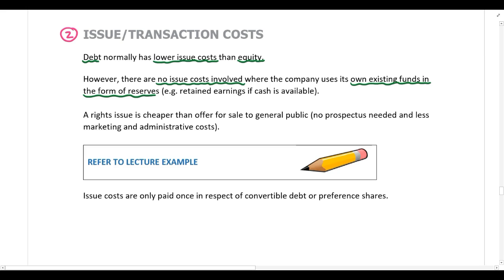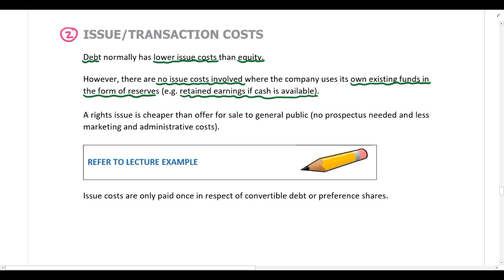So this would be applicable, for example, if we have a company, over the years they've had very significant profits, they haven't paid very high dividends, so they've kept money in the company, and they can then use that money within the company to finance expansion, and they won't need to then issue new shares. Okay, so that's where retained earnings is used if there is cash available.